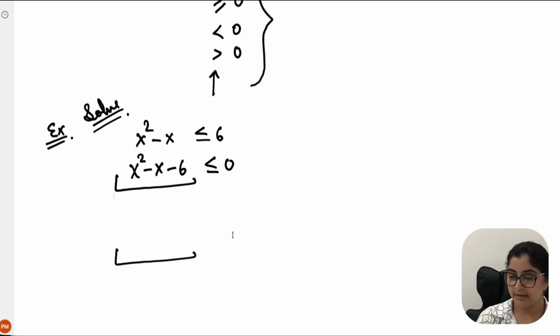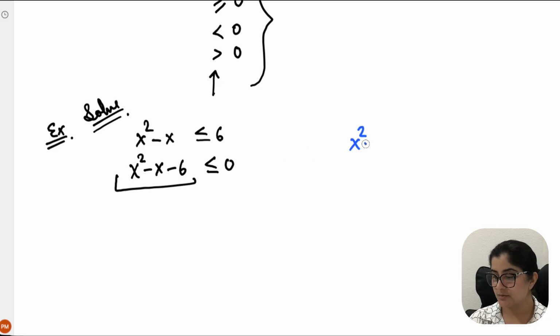So this is a quadratic expression. Solve this quadratic expression as a quadratic equation. x squared minus x minus 6 is equal to 0.